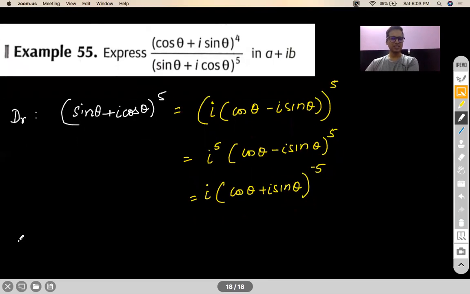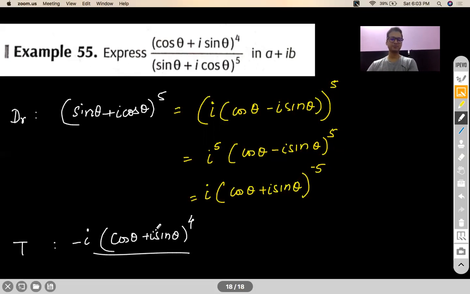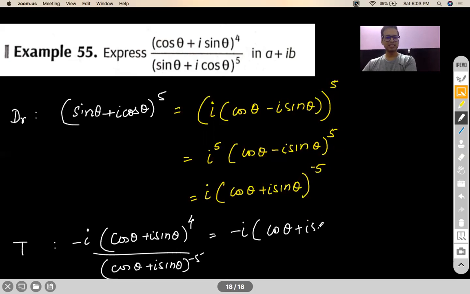Now finally your term is nothing but cos theta plus i sin theta to the power of 4 by i, and 1 by i is minus i, times cos theta plus i sin theta to the power minus 5. So this will become minus i cos theta plus i sin theta to the power of 9. So this will give you minus i cos 9 theta plus i sin 9 theta.